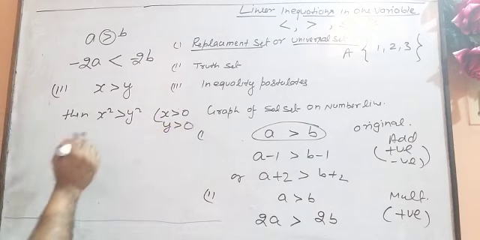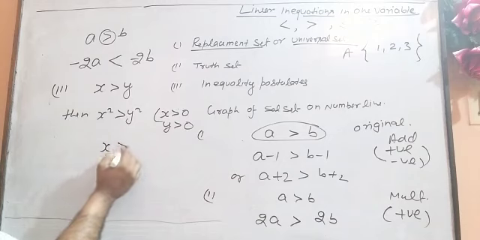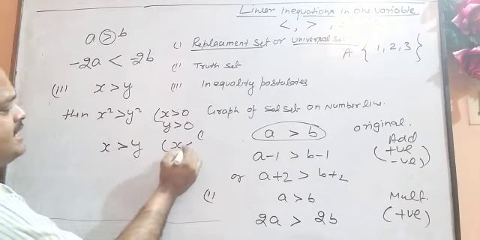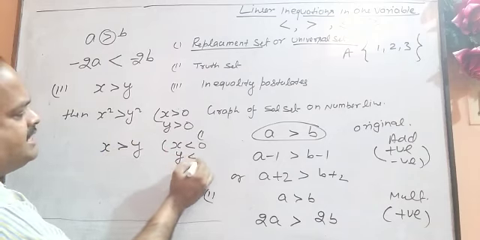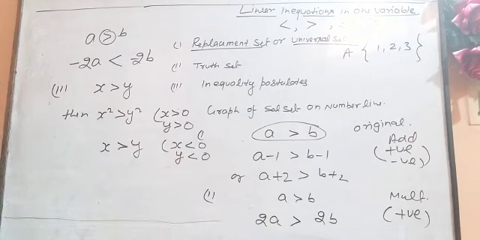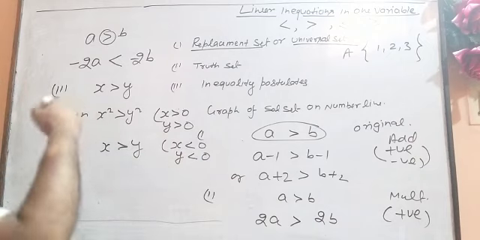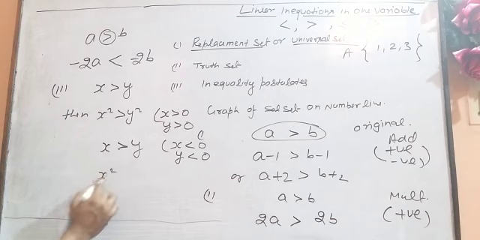But if x is greater than y, and both are negative, then on squaring we get x square is smaller than y square.